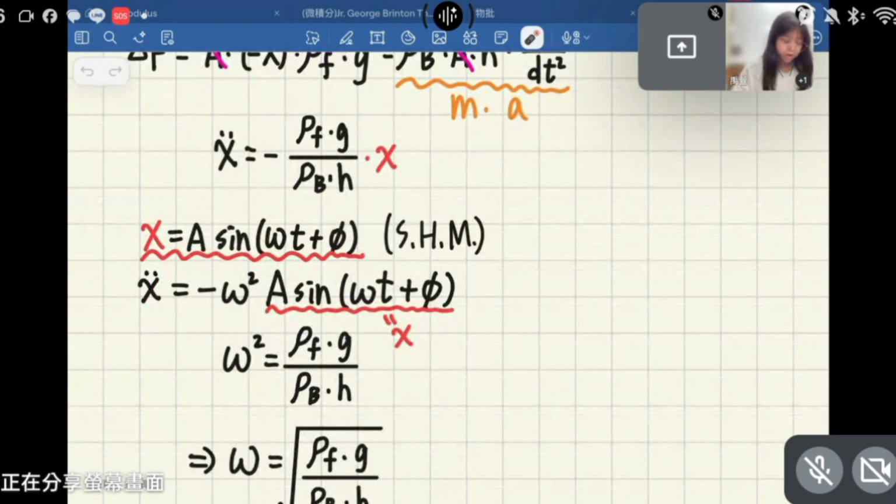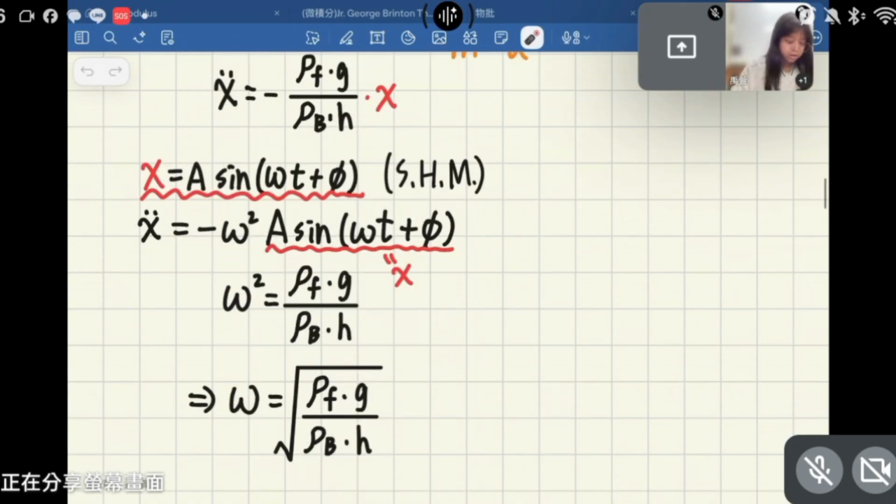When the system is in simple harmonic oscillation, we can represent x like this: x equals amplitude times sine of (omega t plus theta).